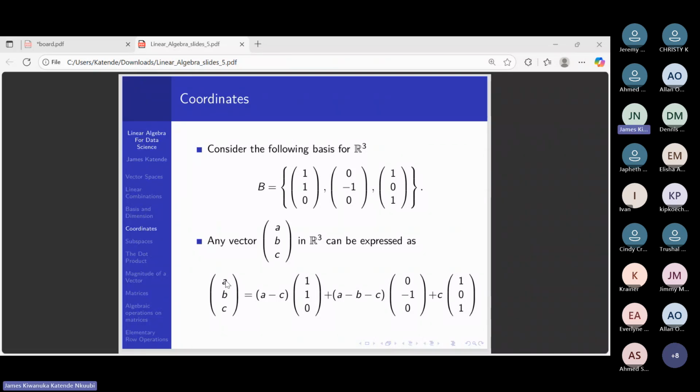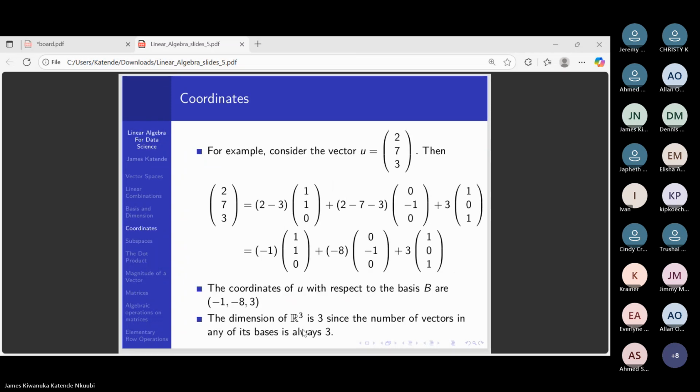So now the coordinates for this vector ABC with respect to this basis will be A minus C, A minus B minus C, and then plus C. So as an example, if you pick the vector 2, 7, 3 and apply the results on it, you'll find that the coordinates for 2, 7, 3 with respect to this basis will be -1, -8, and 3.